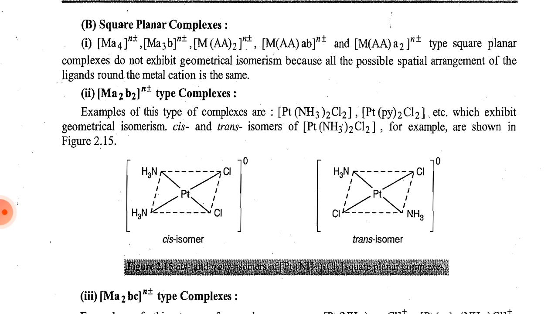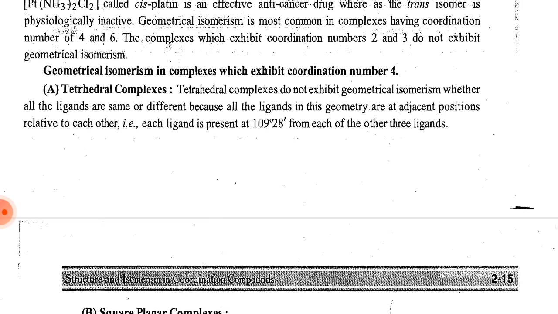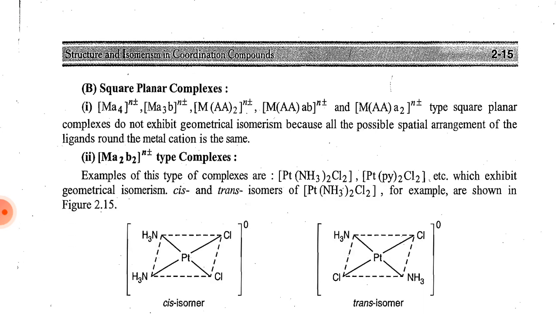Square planar complexes such as Ma4 n plus minus, Ma3b n plus minus, Ma2b2, Mab, and Maa type square planar complexes do not exhibit geometrical isomerism because all possible spatial arrangements of the ligands around the metal cation are the same.